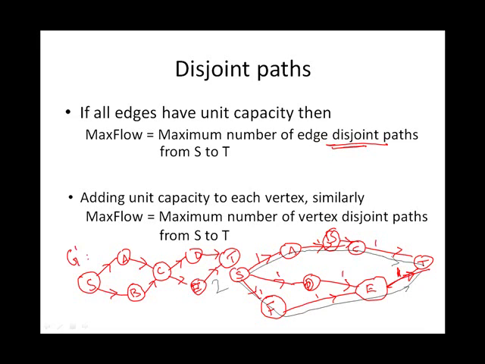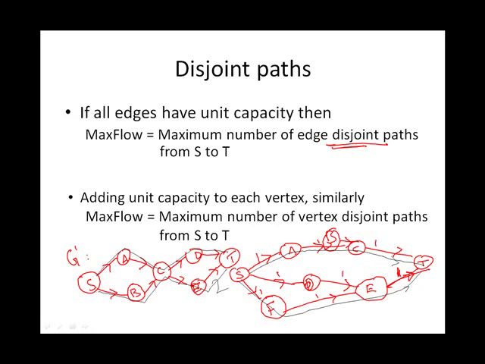So there is a path S, A, C, D, T, and there is one more path S, B, C, E, and T. Okay. And we are not using the same edge in both the paths. So these are two edge disjoint paths.